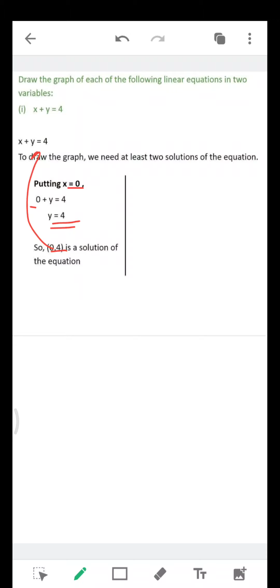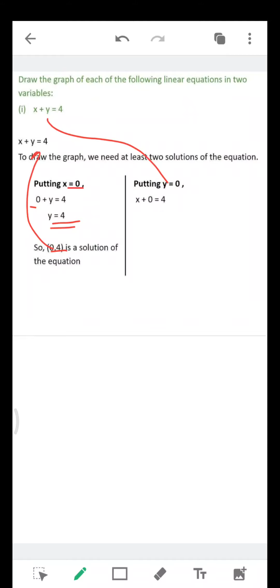Then I'll assume another value. I can assume x, I can assume even y. So if I assume y is equal to 0, in place of y if I put 0 here in the equation, okay, we are finding solutions which we have done in the previous session also. So you can assume the x value and get the y value, or you can assume the y value and get the x value.